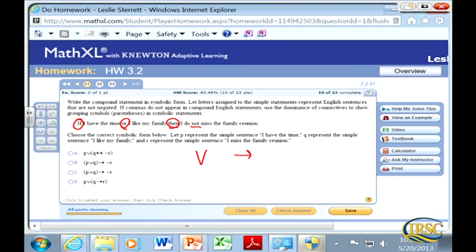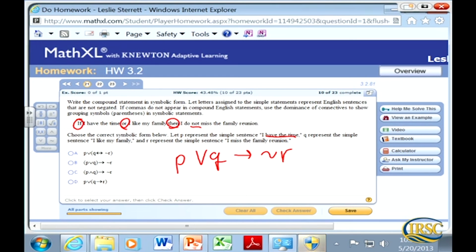And so it told you that I have the time is P, and I like my family is Q. So you had P or Q, and that was your whole if. Then the negation of R. Okay. So if you got that far, you eliminated a lot. It didn't trick you too much here.